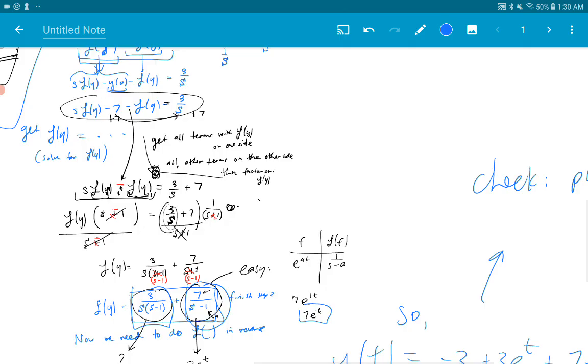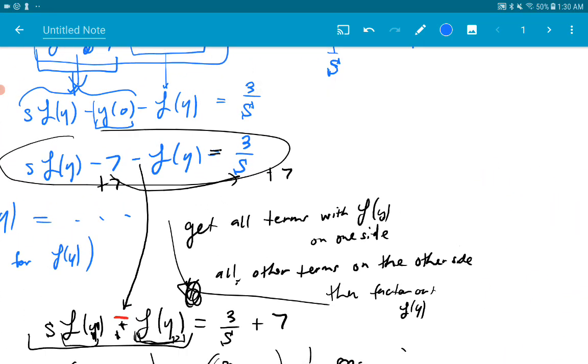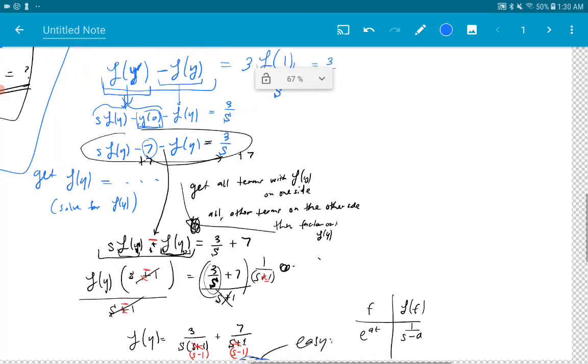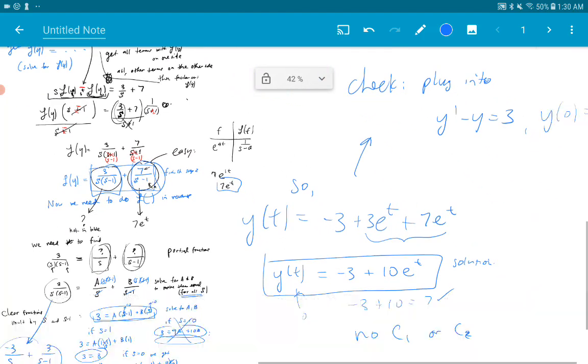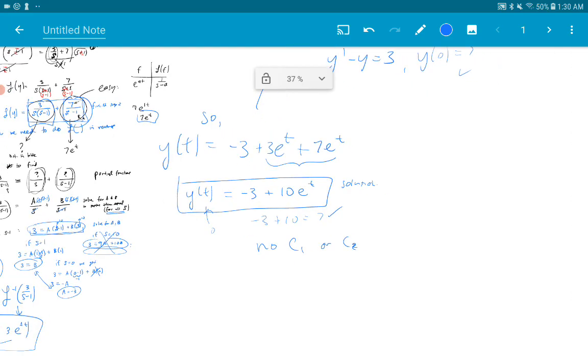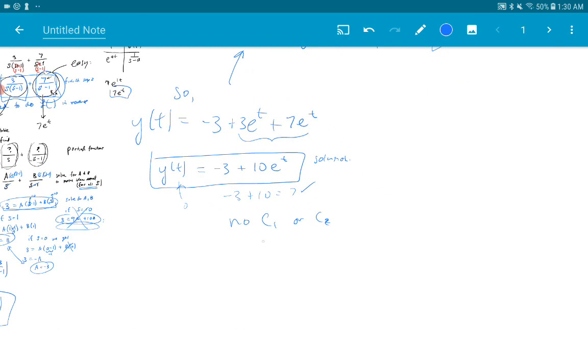This initial value got replaced in the middle of the problem. So if I change my initial condition, I can't just wait till the end. I have to use it early on. I would have to redo the problem. So that's one thing to keep in mind. You can only use Laplace transforms to get explicit solutions and not general solutions.